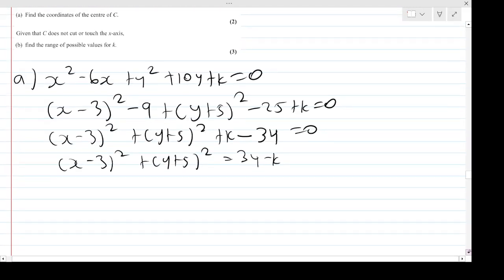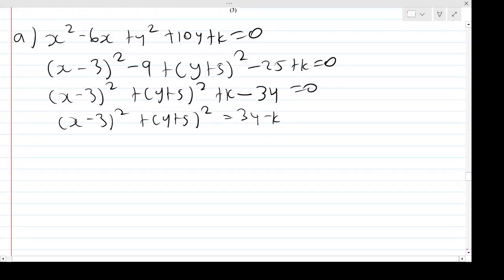It's in the form (x minus a) all squared plus (y minus b) all squared equals r squared. Therefore I can deduce the centre: if x is minus 3, it's plus 3, and y is plus 5, so it's minus 5. That's cool.